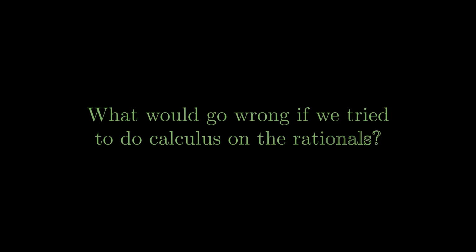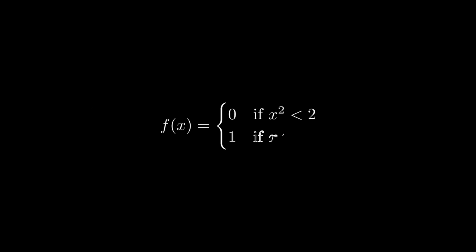What would go so wrong, though, if we just try to do calculus on the rational numbers? Well, because of the gaps that seem to be left, it would be super difficult to define concepts like continuity. So consider a bizarre function where we define f of x to be 0 if x squared is less than 2, and we define it to be 1 if x squared is greater than 2.